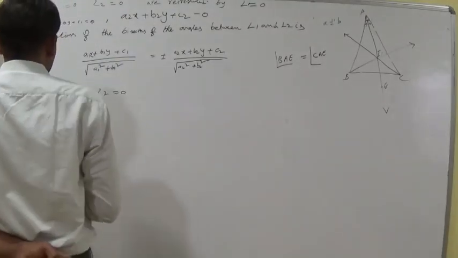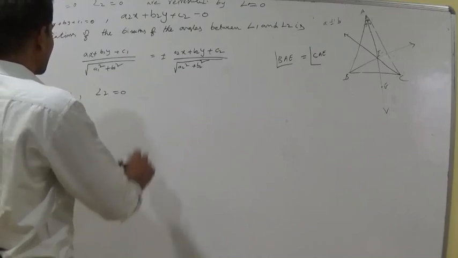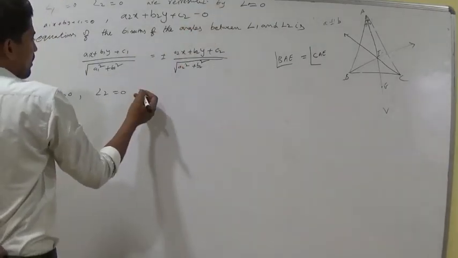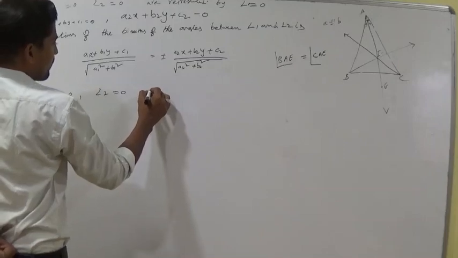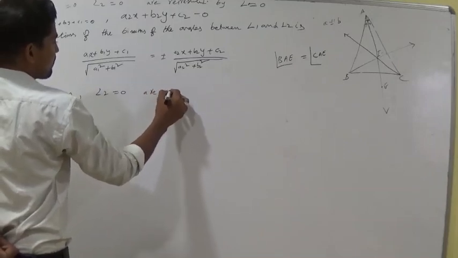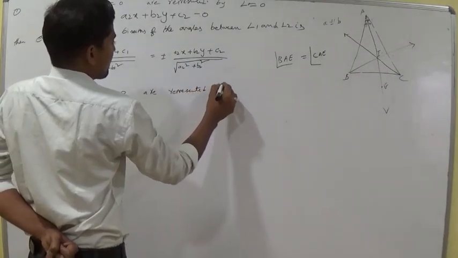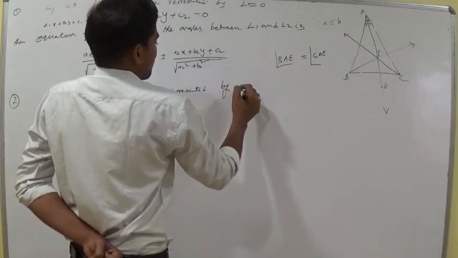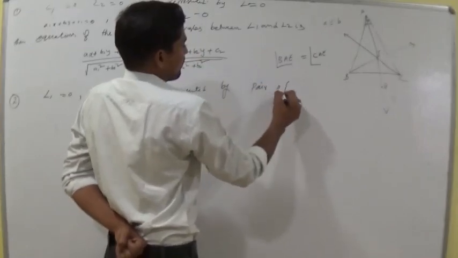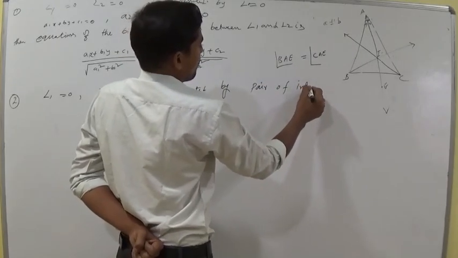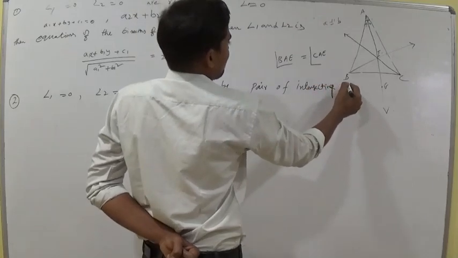See, L1 is equal to 0, L2 is equal to 0 are represented by a pair of intersecting lines.